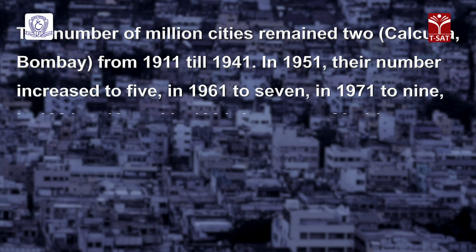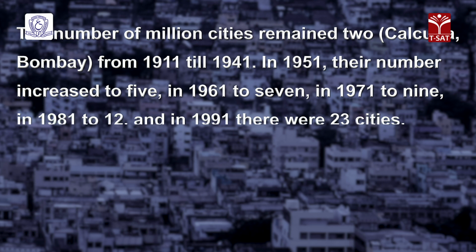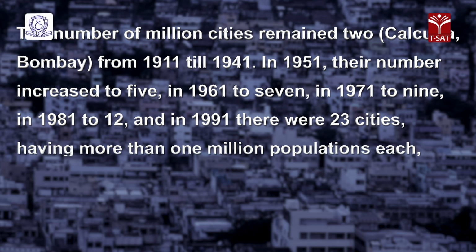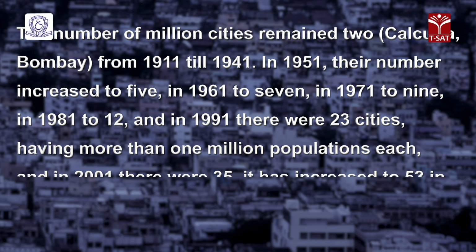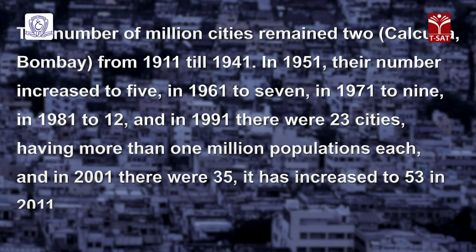In 1961, it rose to 7. In 1971, it increased again to 9. In 1981, it was about 12 million cities, and in 1991, there were 23 cities having more than 1 million population each. And in 2001, there were 35, while it increased to 53 in the year 2011.